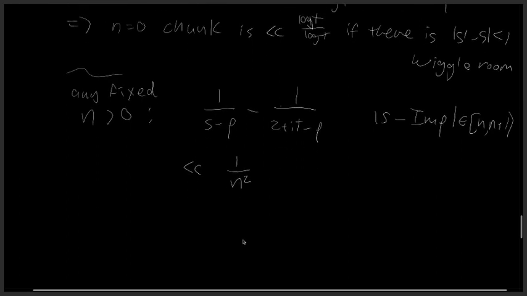So now we have to multiply by the number of zeros that we have in each chunk.